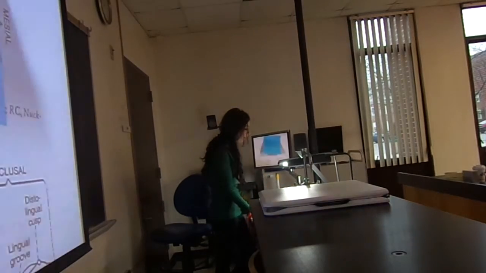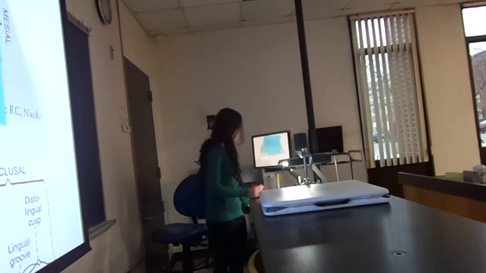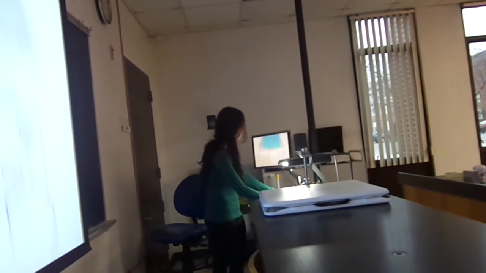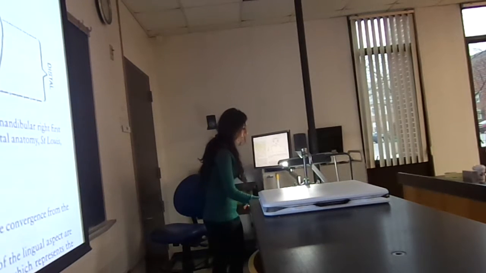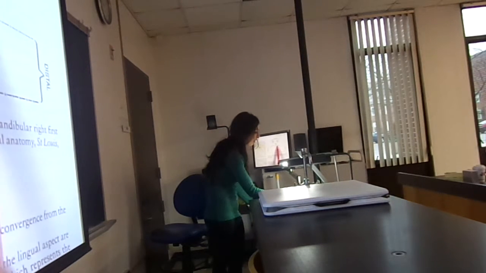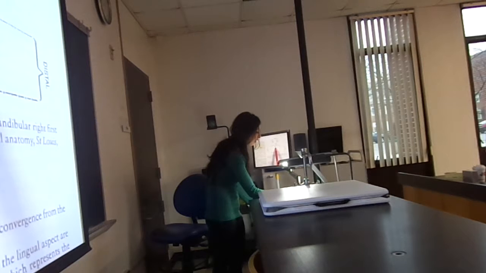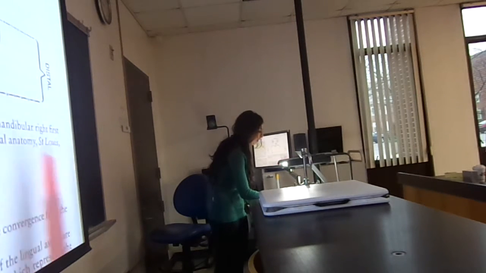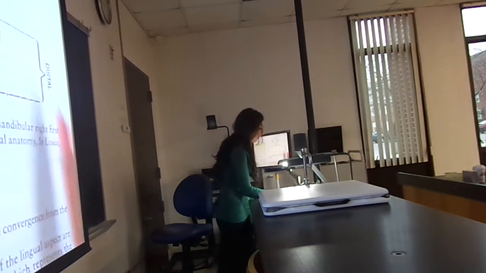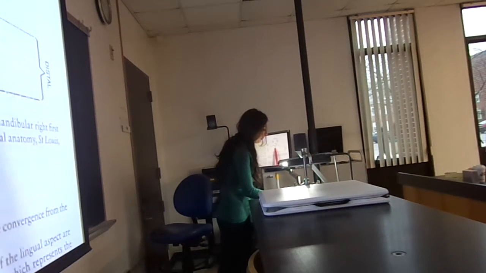Diagram of the lingual groove. You can see how it's V-shaped. So you see that this is from the lingual view. You can see that this is the distolingual cusp and the mesiolingual cusp.